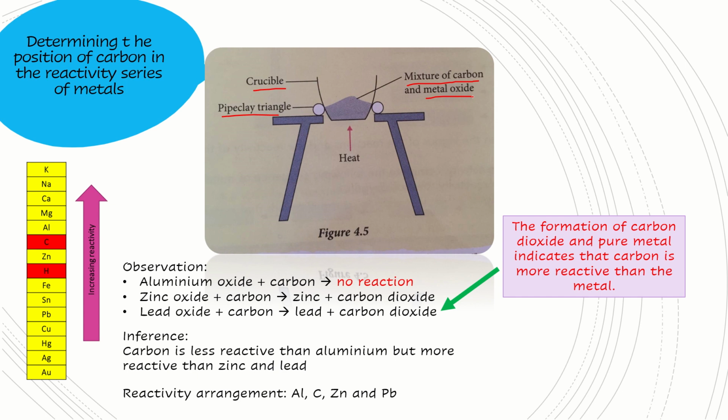Okay, ataupun metal oxide. Let's say in this experiment we use three types of metal oxide: aluminium oxide, zinc oxide, and also lead oxide. So kita buat satu-satu. In this crucible kita campurkan serbuk karbon dengan aluminium oxide, and then kita panaskan.